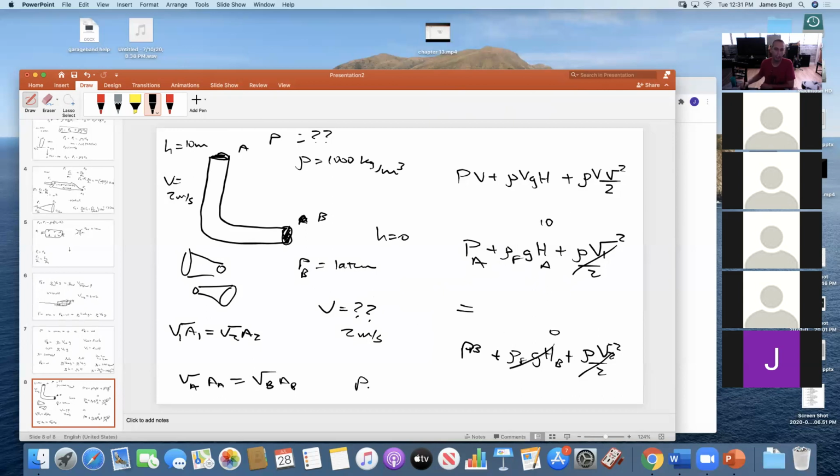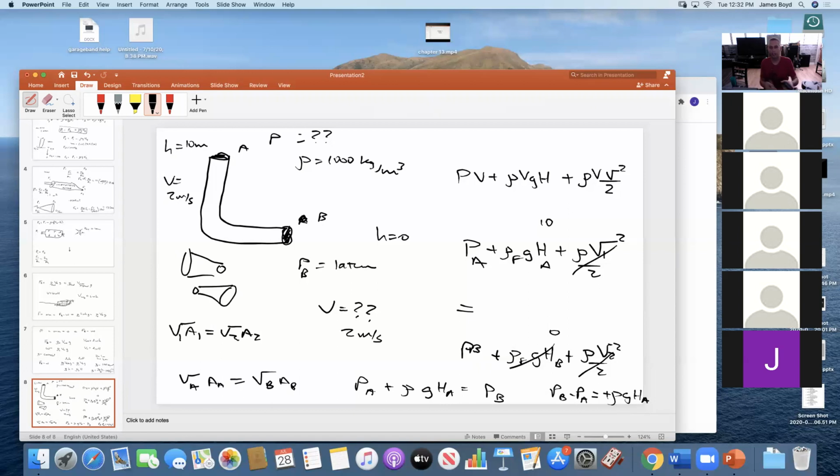So what we get is that the pressure at A plus the density of the fluid times g times h at A is equal to the pressure at B. Or, better yet, the change in pressure, PB minus PA, is equal to positive rho g hA. Rho for water is 1,000, g is, let's say, 10, height is 10.